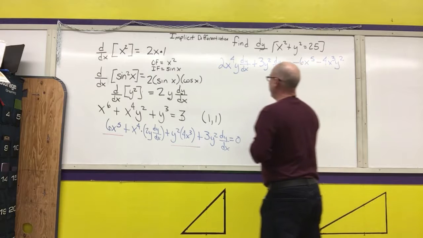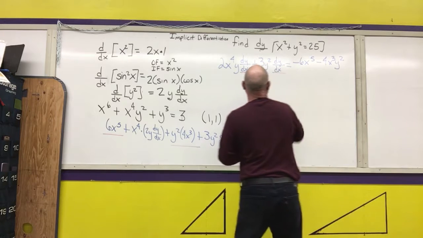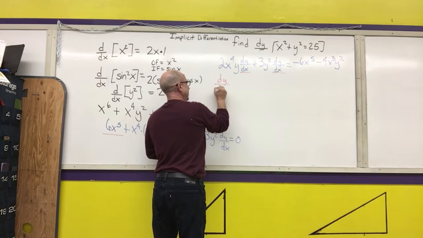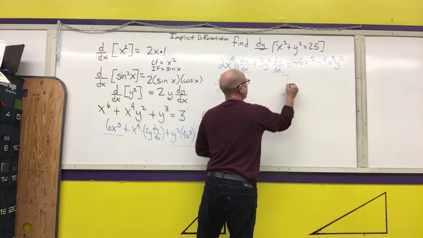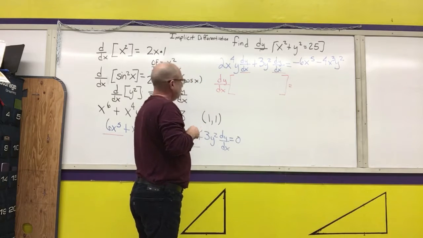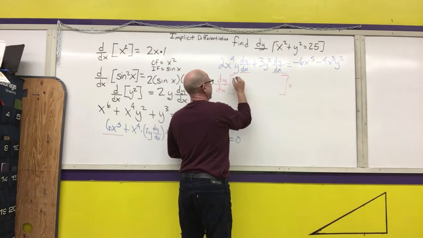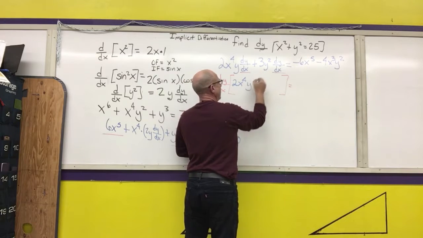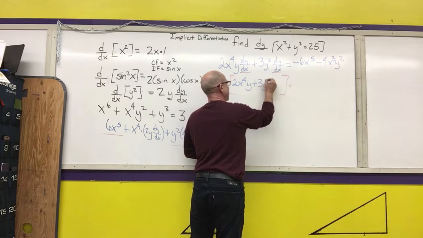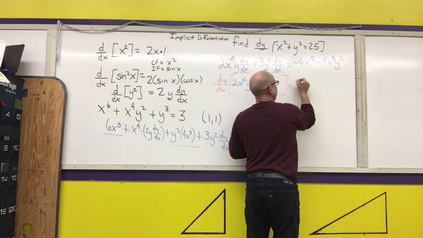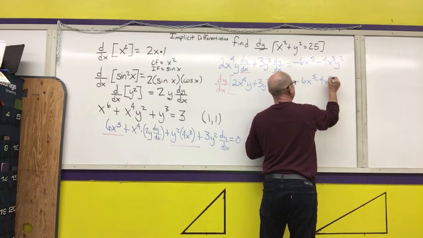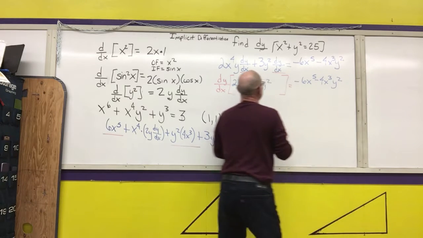Notice that each term on the left-hand side has a dy/dx. I can factor the dy/dx out. And I am left with 2x to the fourth y plus 3y squared, and I get negative 6x to the fifth minus 4x cubed y squared.